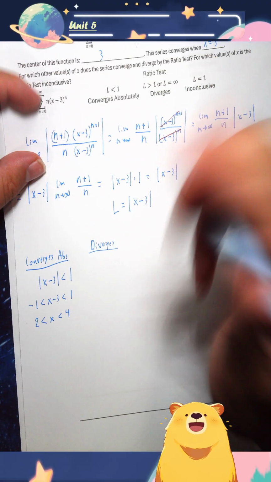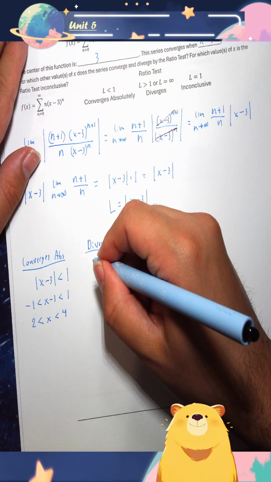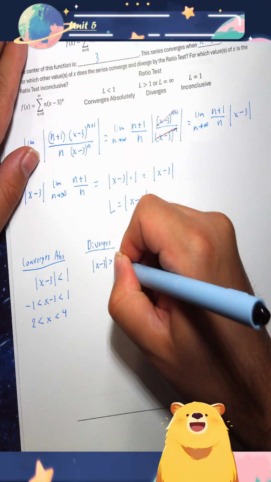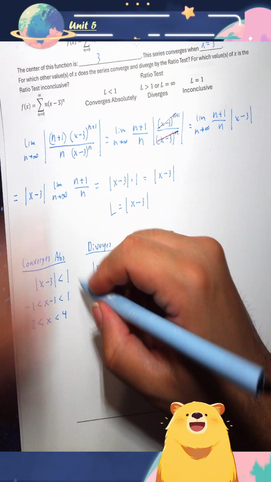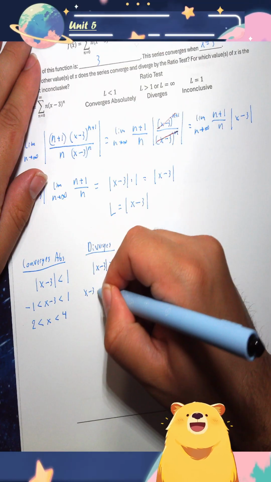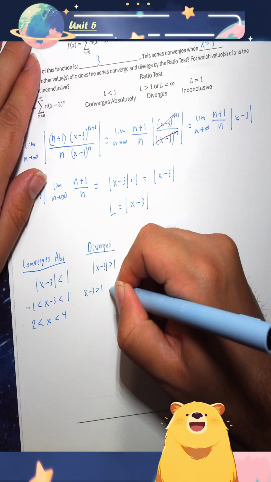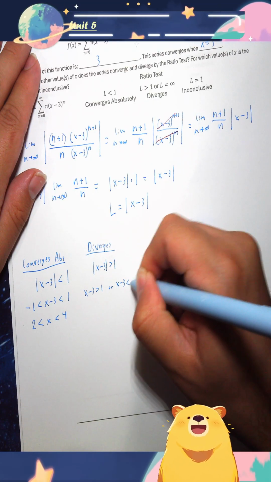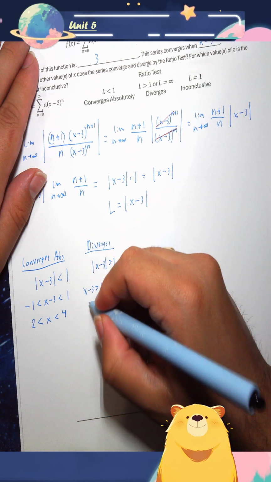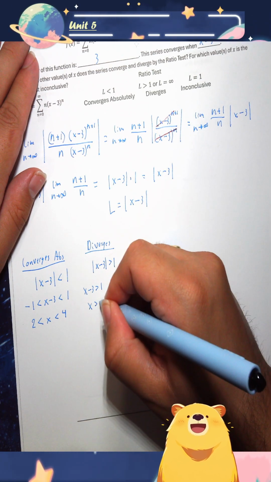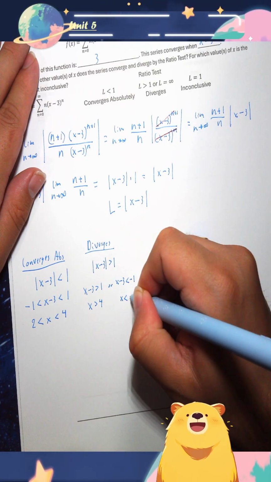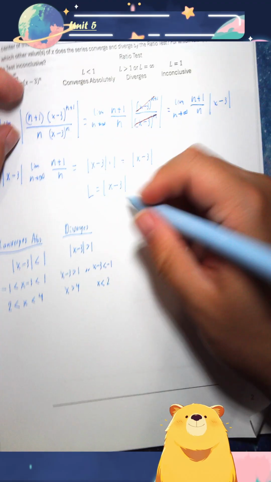So that's two equations. It's going to be the absolute value of x minus 3 when it's greater than 1. So let me split that up: when x minus 3 is greater than 1, or x minus 3 is less than -1, x is greater than 4, x is less than 2.